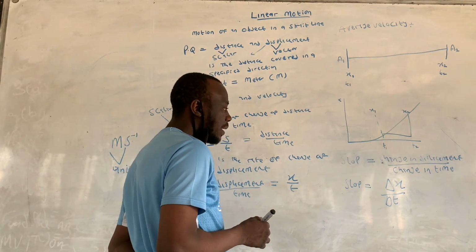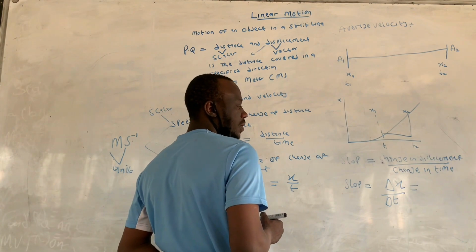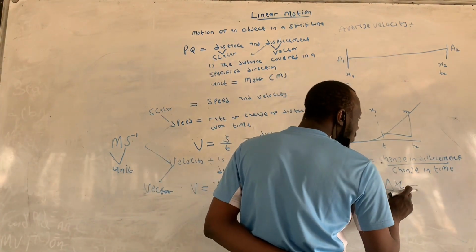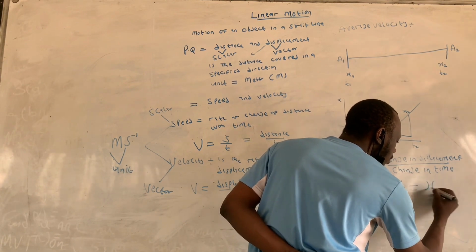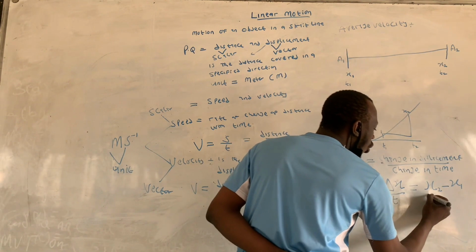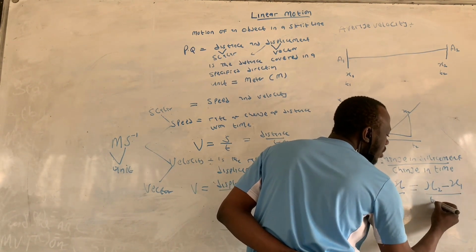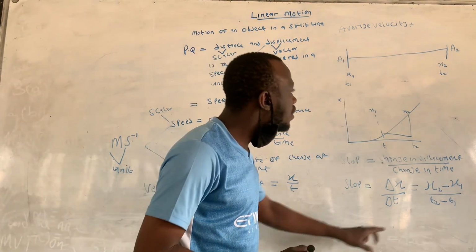Change in x means x2 minus x1, all over t2 minus t1.